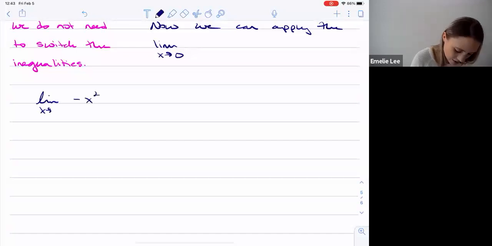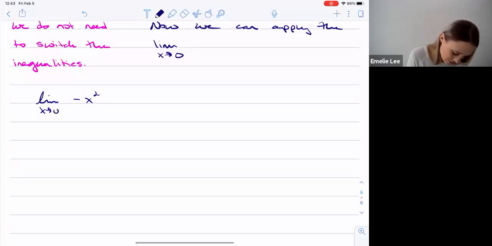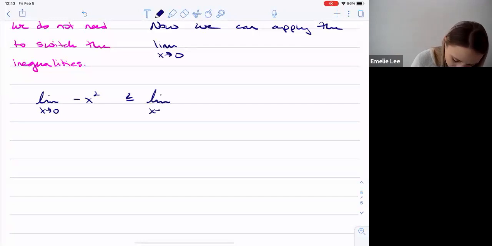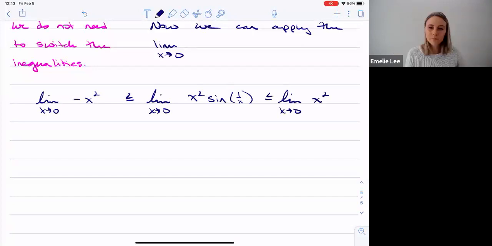I have to do it on each part of my inequality. So the limit of negative x squared has to be less than or equal to the limit as x goes to 0 of x squared times the sine of 1 over x, which has to be less than or equal to the limit as x goes to 0 of x squared. So we've forced this into limits that are easy to calculate.